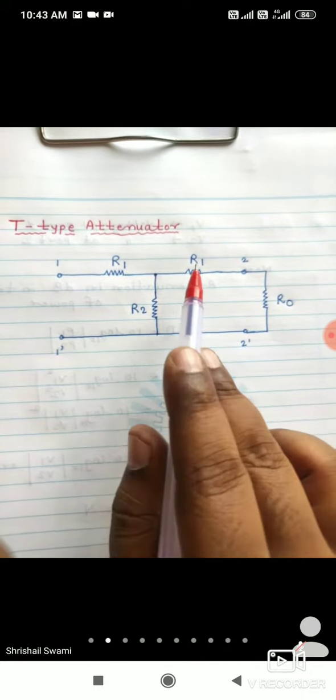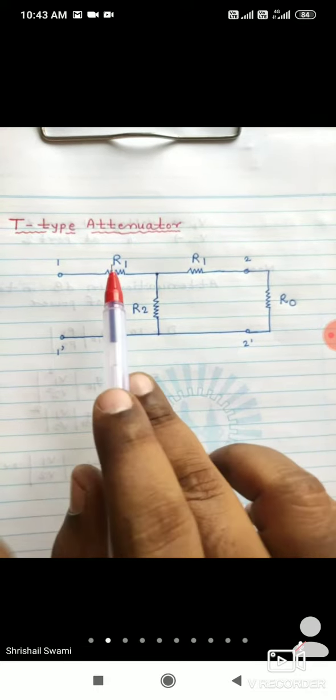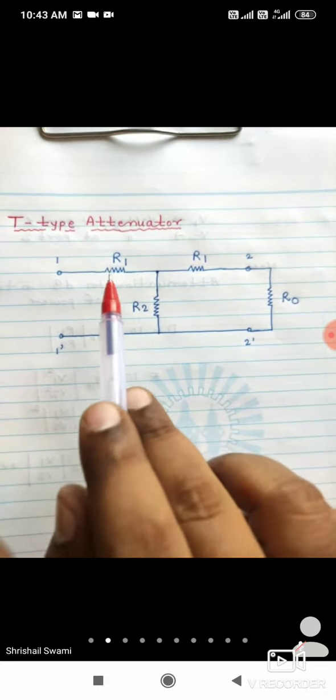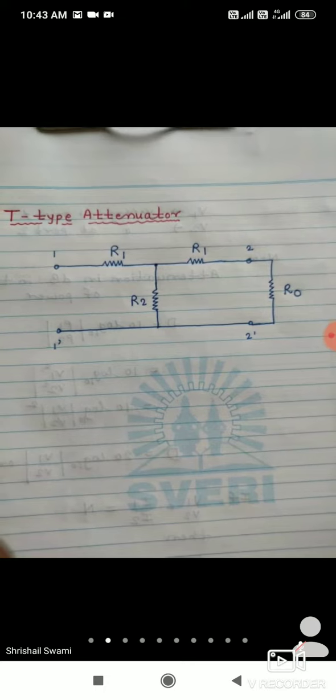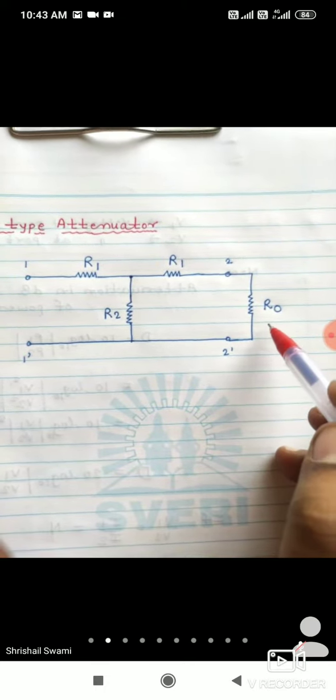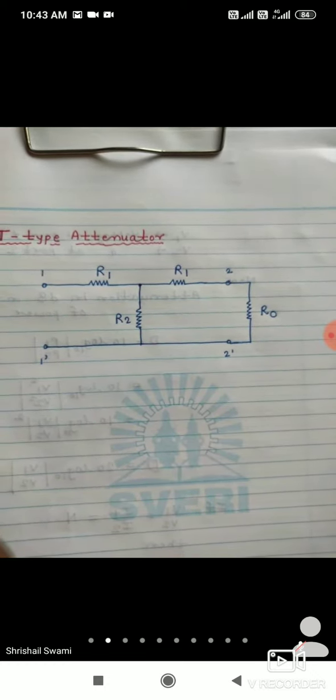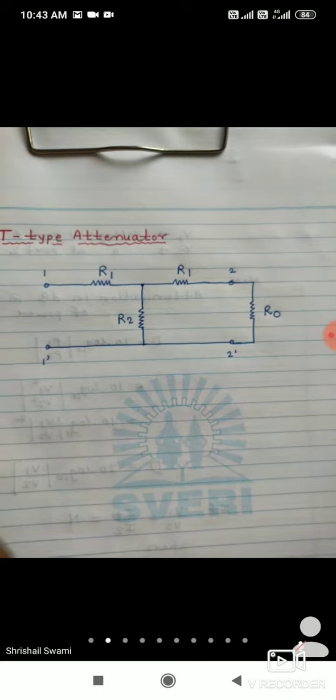T type, you can draw R1, R1 and R2. Always remember, in any network, T type or Pi type, in the series arm there is always R1, and in the shunt arm there is always R2. That is simple to remember. And at the second port it is terminated with the characteristic impedance R0. So you can remember the circuit diagram as per this rule.